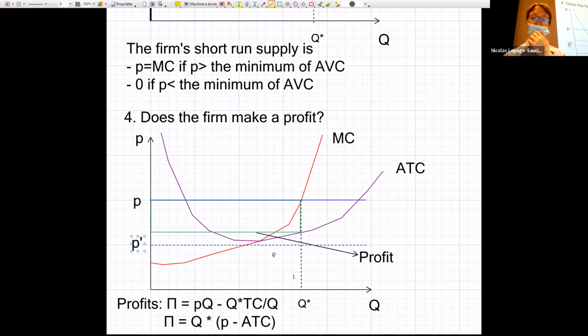Again, if I want to find out what the production is, it's always price equals marginal cost. So it would be here. And in that case, would I get a positive or a negative profit? Well, sadly, I just have to look. This is my average total cost, and it's below the market price. So I'm making losses here.